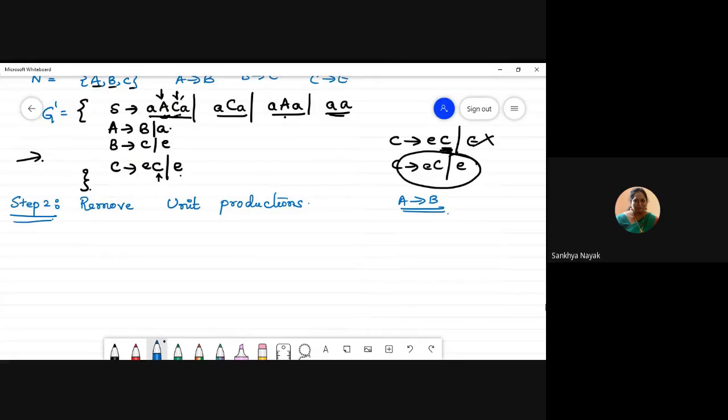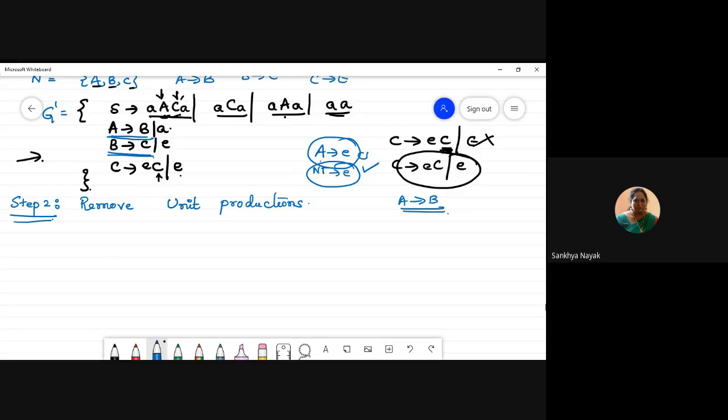So if we have any unit productions, we have to remove them. Of course, you can see here S derives B, A derives B, B derives C. Two unit productions are there. This is not a unit production, okay? When a non-terminal is deriving a terminal, this is not a unit production.